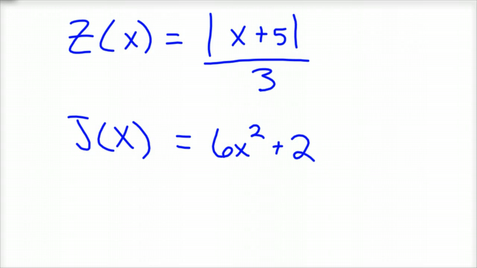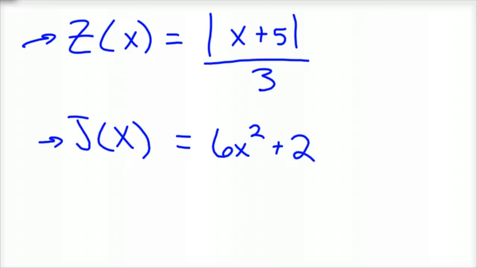Just making up a couple rules. So we've got two separate rules, and we give them different names. We call the top one the Z rule, the bottom one the J rule. Again, this function notation is just naming things so that we can keep track of them.